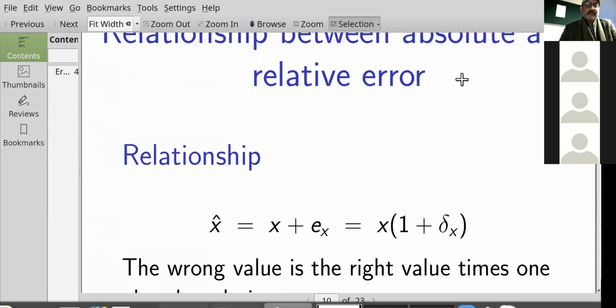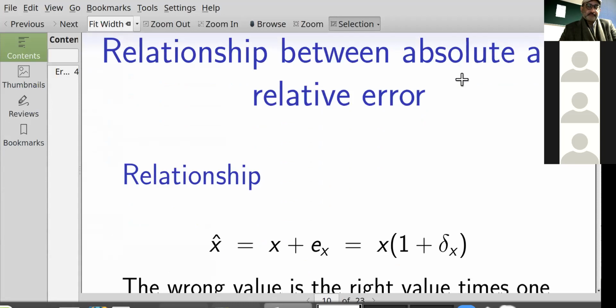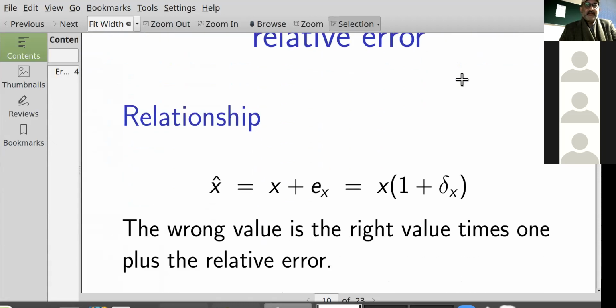Now, here's a relationship that we're going to be using in our calculations, the relationship between the absolute error and the relative error. x hat is the wrong value. That's equal to x plus the absolute error on x. And then if you factor out an x, that will give you x times 1 plus the relative error on x.